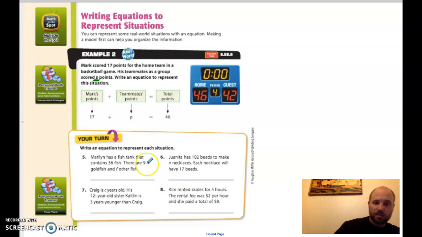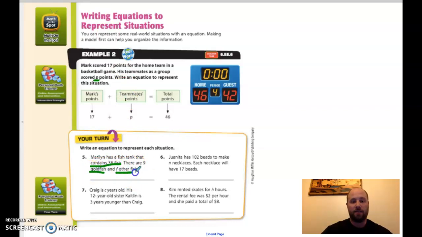Okay? So here's our math problem. This is why it's important that you underline important information so that we know what to use. Marilyn has a fish tank that contains 38 fish. Oh, I almost deleted that. There are 9 goldfish and F other fish. 38 is our total.